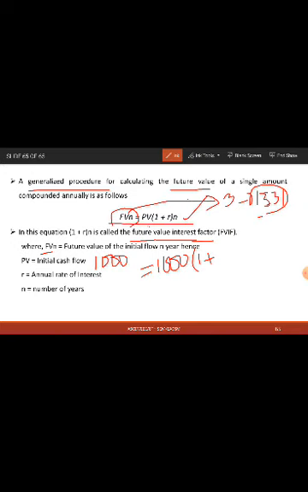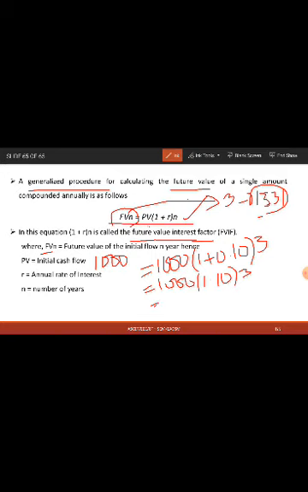The interest is 10%, that is R, which is 0.10. And for how many years are we investing? We are investing for 3 years. So if you substitute that, the value is 1000 multiplied by (1 plus 0.10), that is 1.10, to the power 3. So 1.10 to the power 3 gives 1.331.